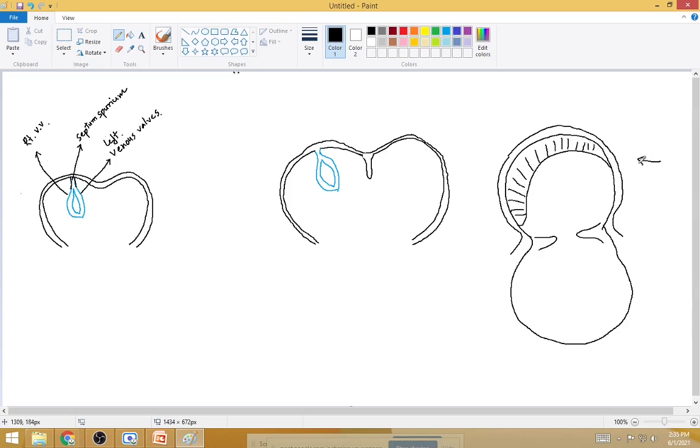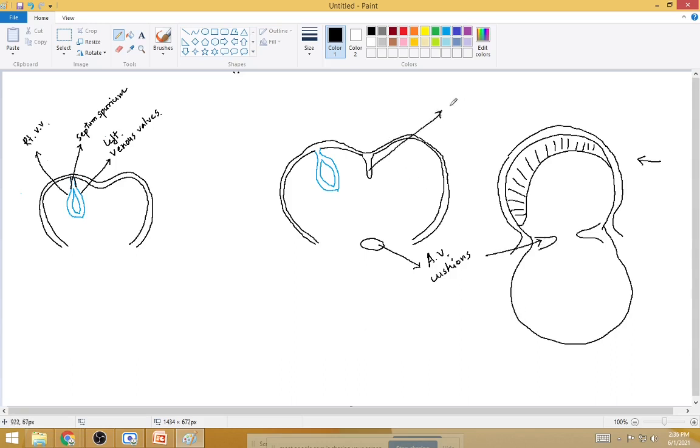From the front view, how will you see it? You will see it like this. Below there are the atrioventricular cushions. What will they be forming? They will be separating the atria from the ventricles, what we have seen earlier. I have drawn one. So these are the AV cushions. And what is this?